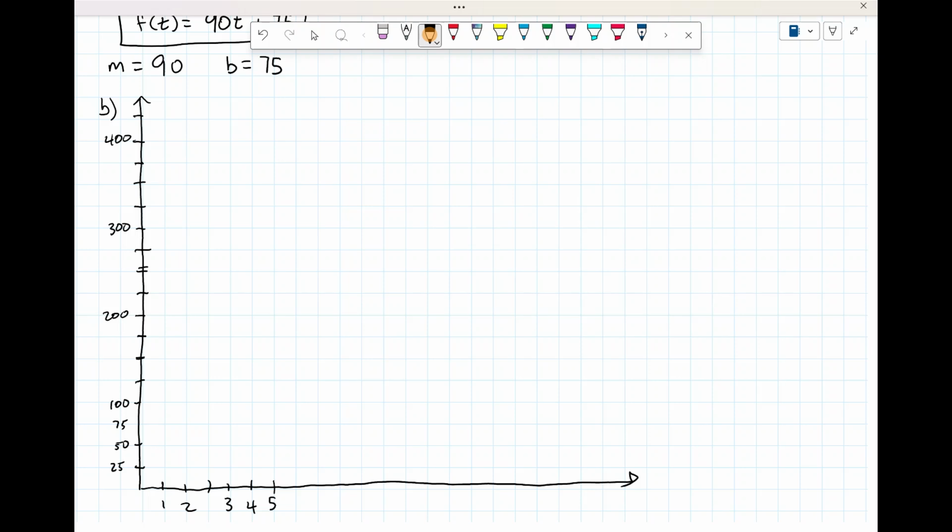This might be a little bit better. So first, my y-intercept is still at 75, which is down here. When I add 90 to that, that would be 165. So here's 150. It'll be a little bit above that, probably about here.